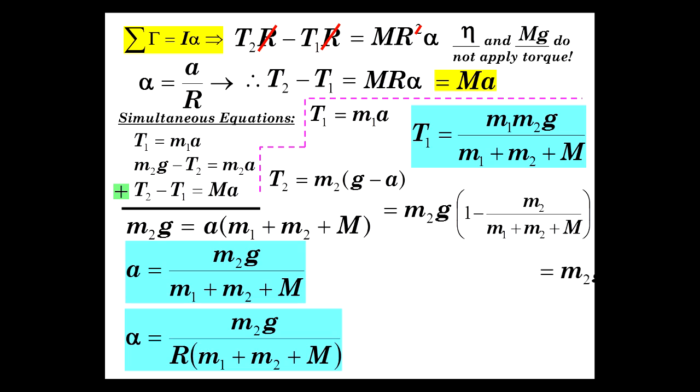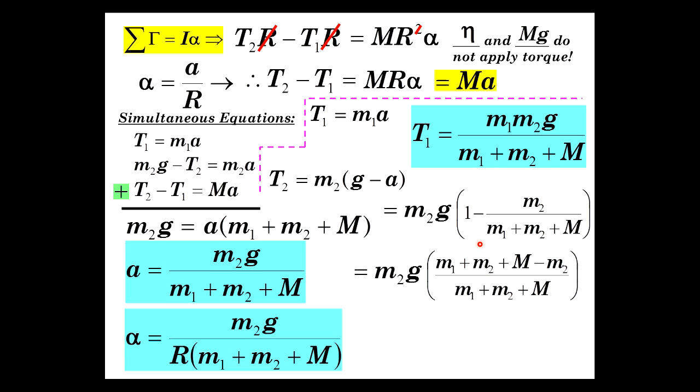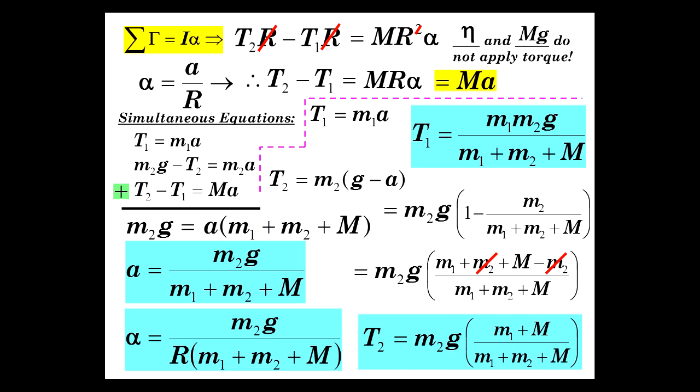M2 over M1 plus M2 plus M. This is M2G times, well, to get rid of this 1, I'm going to say M1 plus M2 plus M over M1 plus M2 plus M, minus M2 over all that. Well, that's nice because this M2 goes away and we can express it fairly succinctly. There is our expression. And we have solved for all the various variables that were in question.